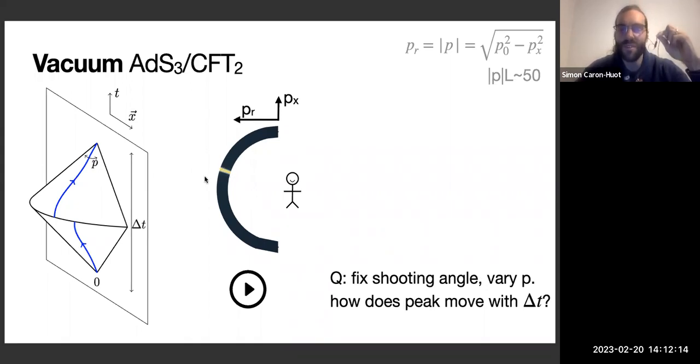Now, before I proceed, I'll ask you to try to visualize in your head what will happen to this image as I evolve it, if I take it at a later time. So suppose I fix a shooting angle from the origin. I increase the time separation.